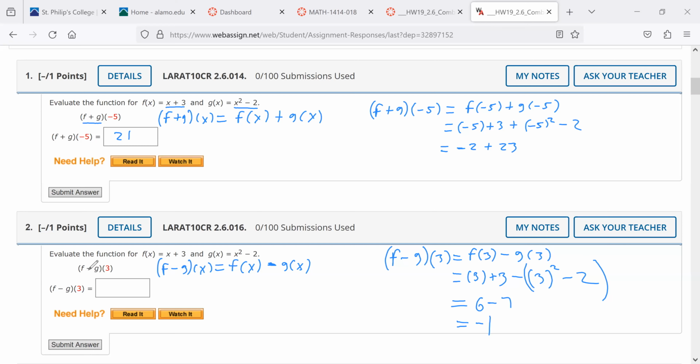Is there any questions on the adding, subtracting, or etc. for functions? Is it doable? Okay, let's move on to something else.